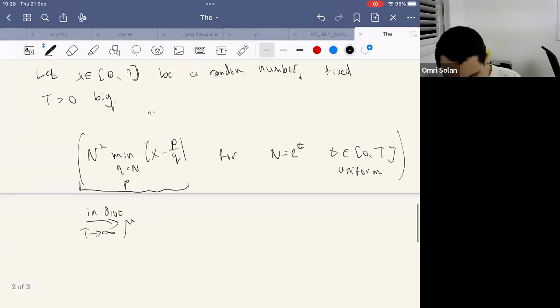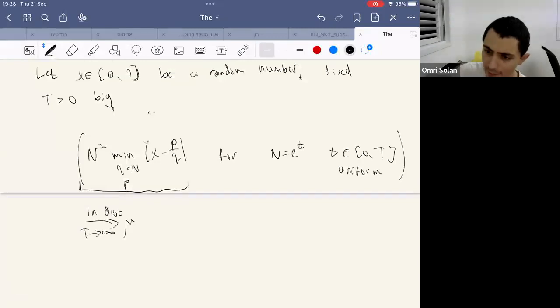I chose one x, and then I wanted to approximate it in many scales and see, for a random scale, how good can I approximate my number x. And then I did another thing which is weird. I chose my n with this weird distribution of exponent of some uniform number.